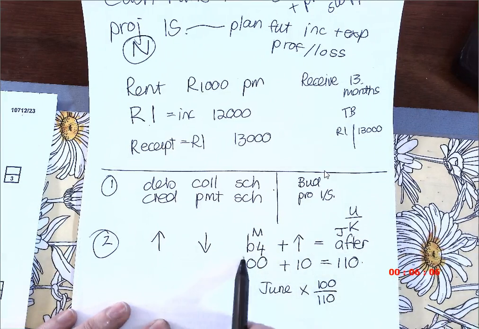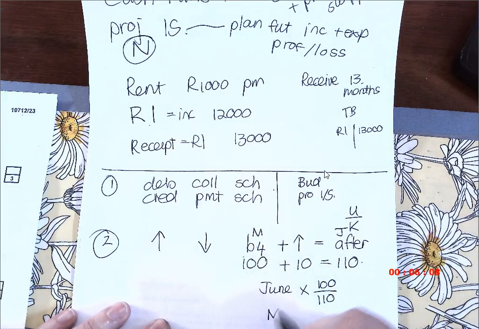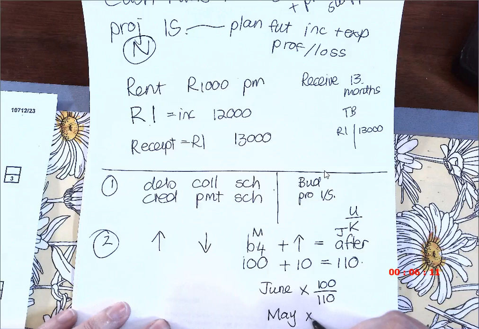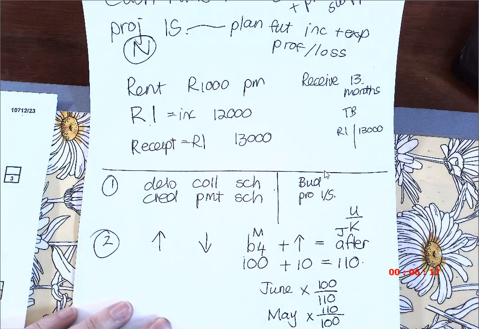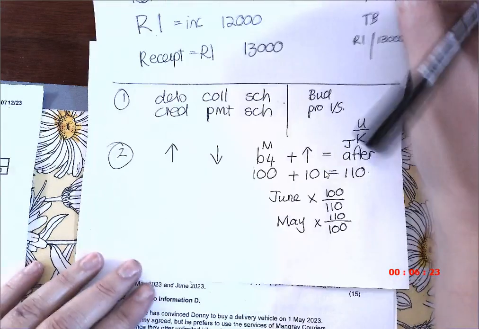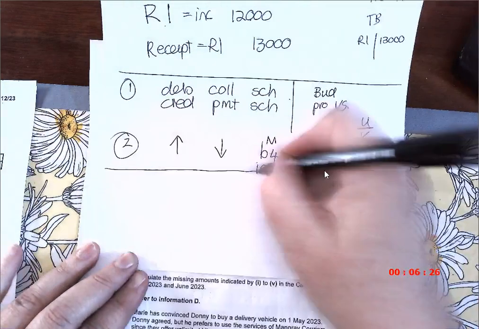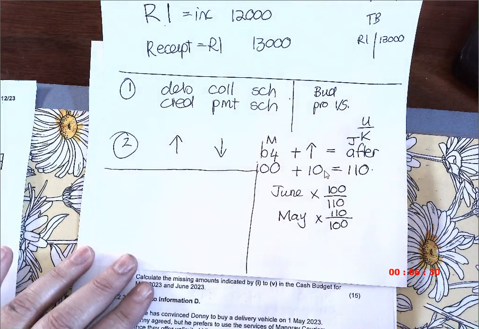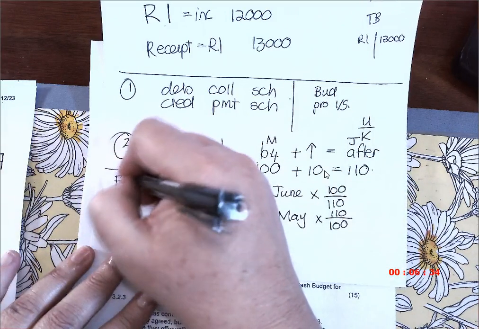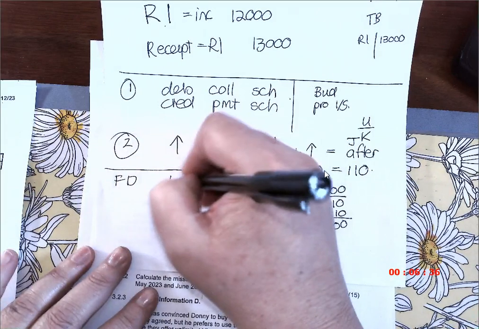If they give me May, I know May is 100 and June is 110. So that's the first one they like to ask. The second one they also like to ask is the increase or decrease in the fixed deposit or the loan. Okay?